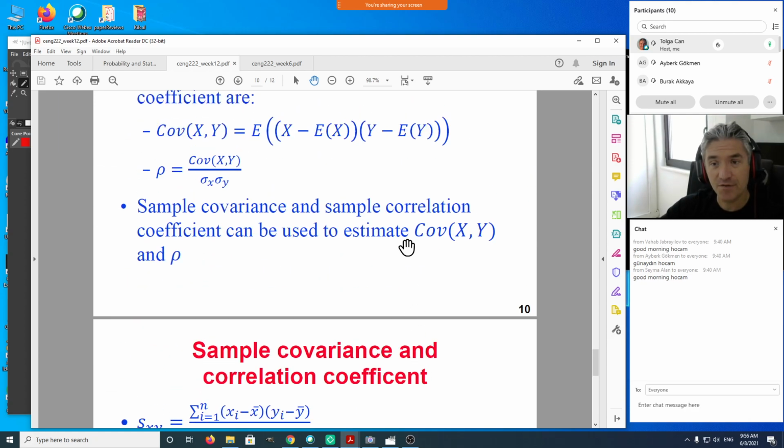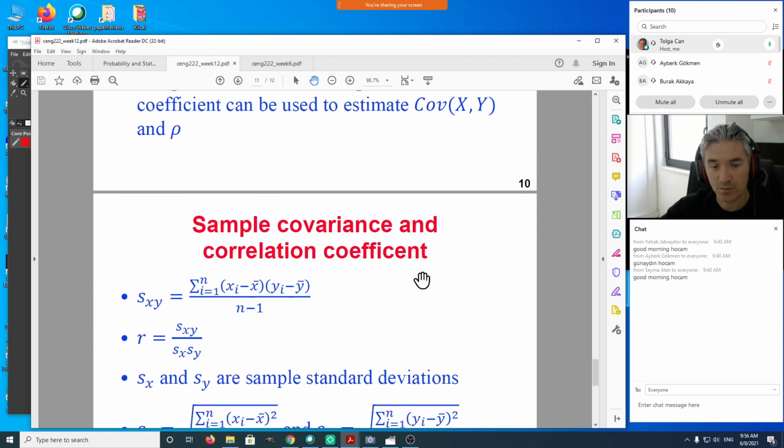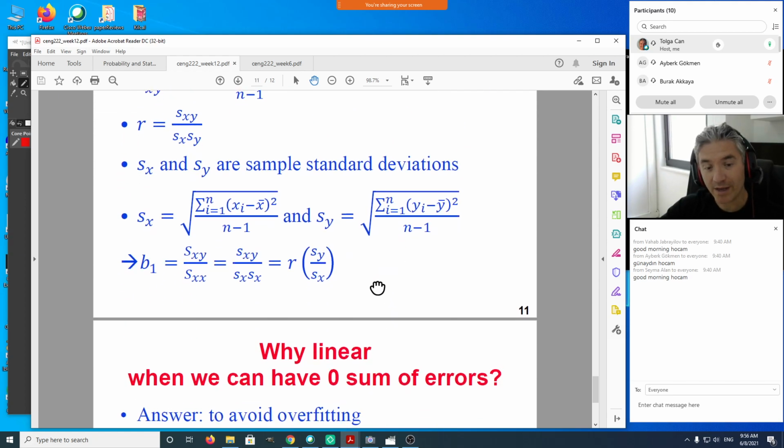If you're given individual data points, you will apply this algorithm: first compute in a for loop, or you may write a program to do that quickly, Sxx and Sxy, and then compute B1 like this, and B0 will be the same as the other, and then use that in your equation to predict what y is going to be.